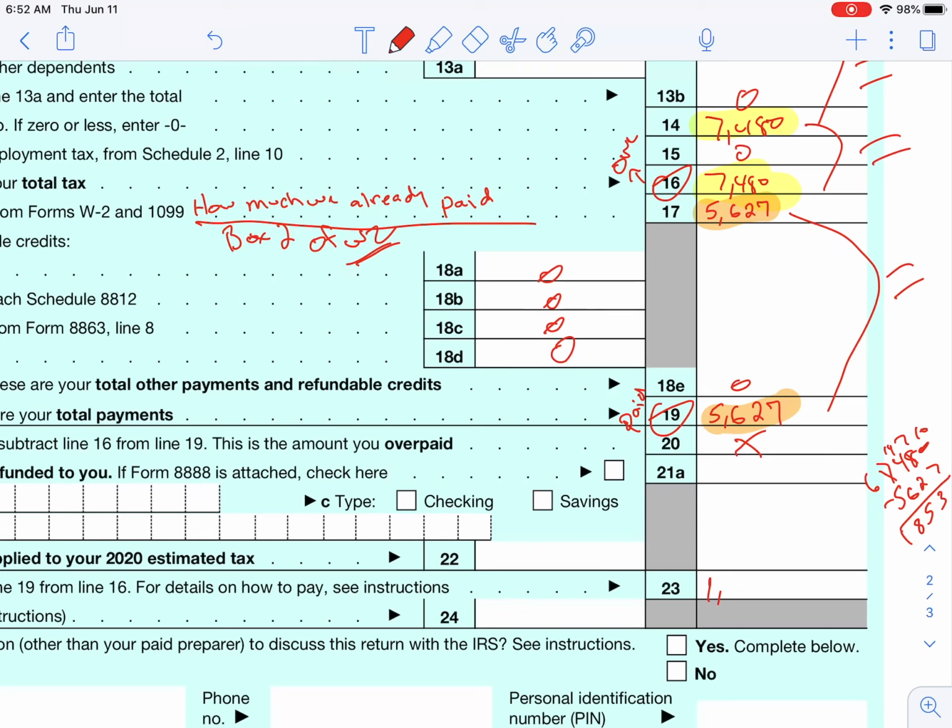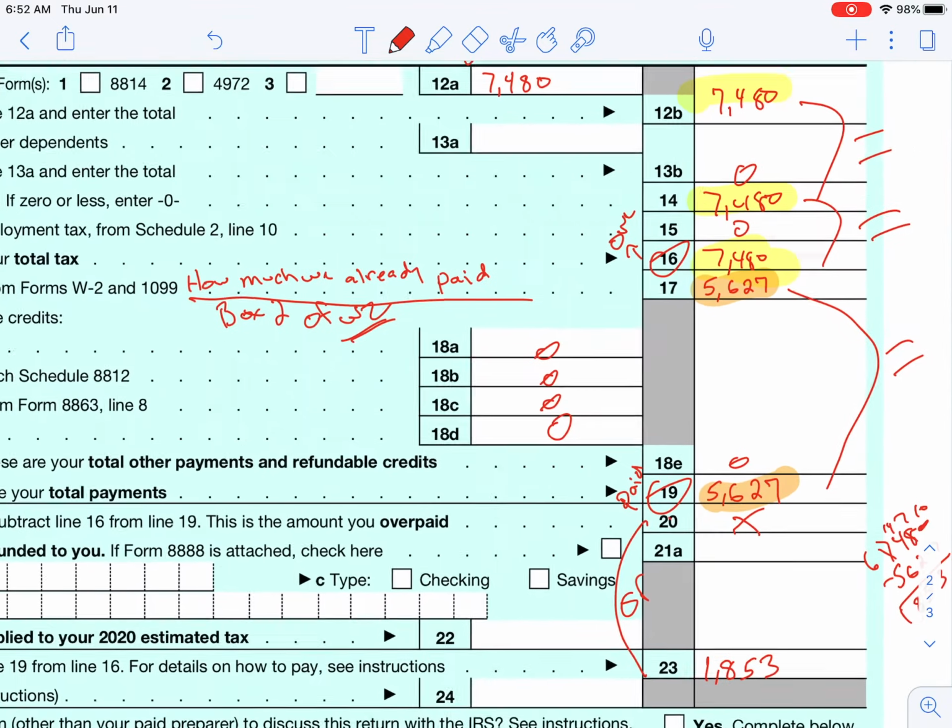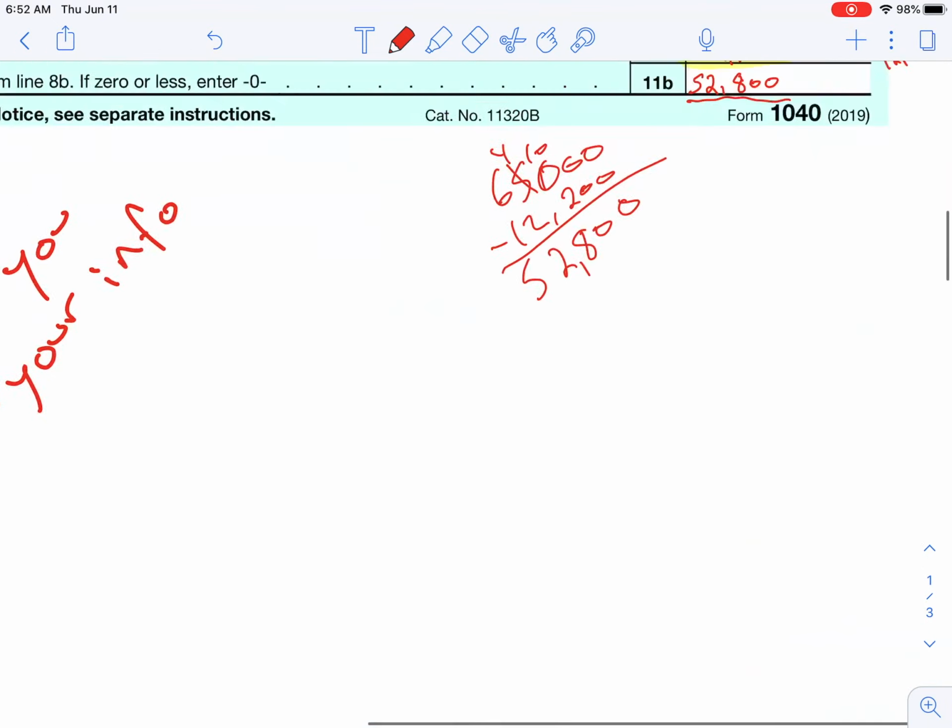So we owe $1,853 in taxes. Here you either do number 20 or 23, not both. Either or. And that's when you're done.